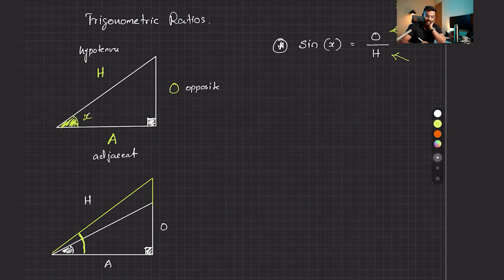And that has a connection with an angle. That connection is what is given here: sine of x equals O by H. Did you guys understand this? Did it give some more clarity than what you had before?